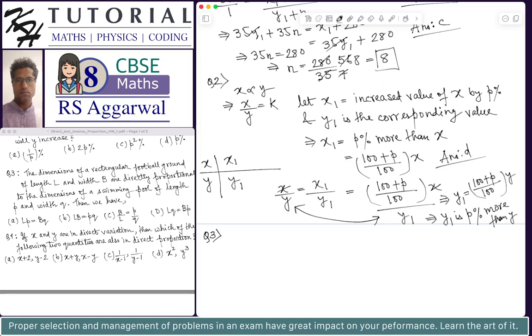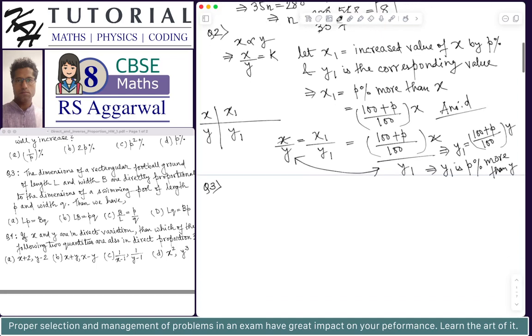It is saying that the dimensions of the two shapes, one the football ground and the other the swimming pool, are directly proportional, which means that if you change the length or width of the football ground, then accordingly the length and width of the swimming pool will also change, so that the ratio of their length and width remains the same.